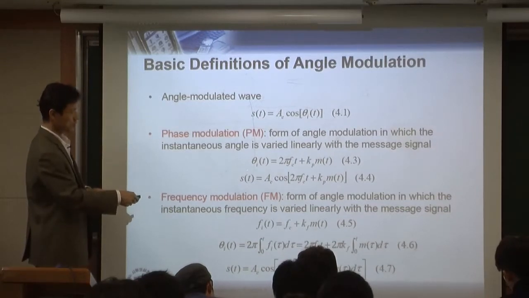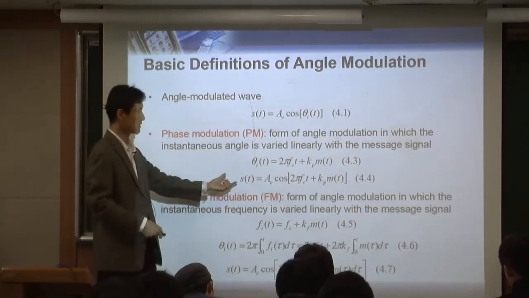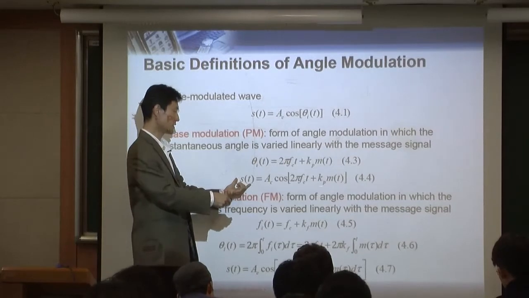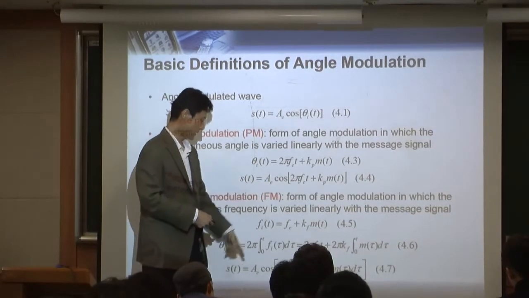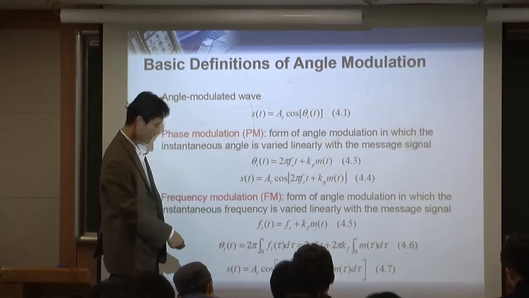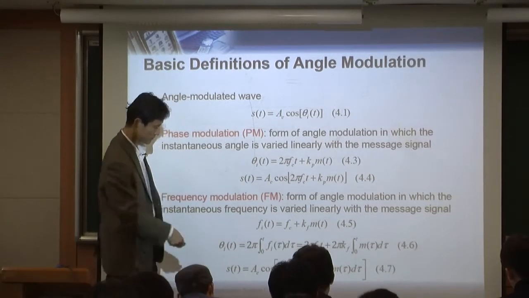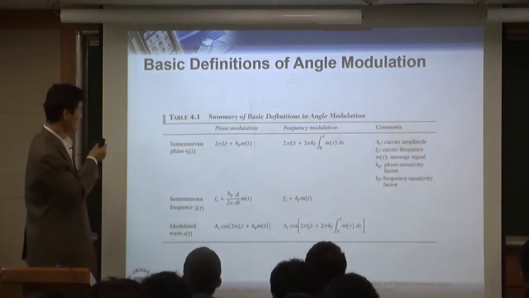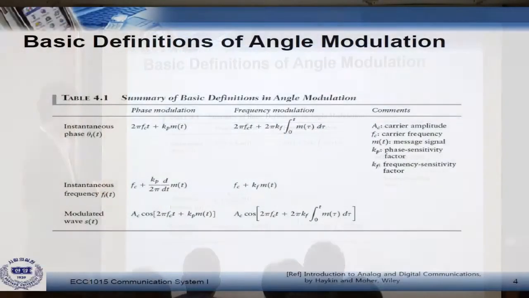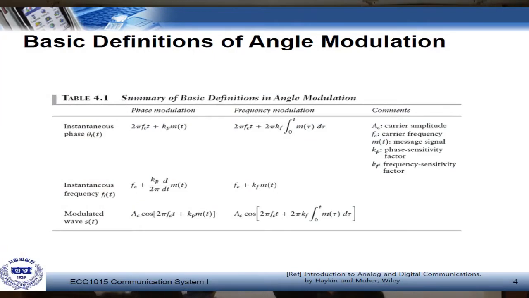So eventually the transmitted signal, s(t), in PM looks like this. It's pretty simple to understand, whereas FM looks like this. So that's your eventual message that you are transmitting. This is a summary of PM and FM. Here's the PM column, and we have FM here.